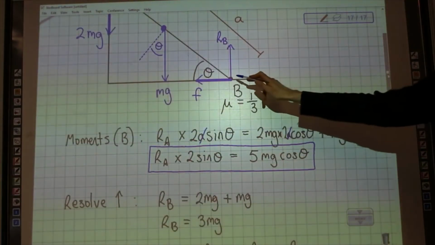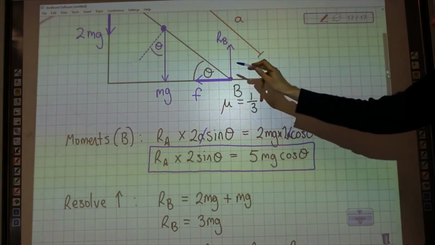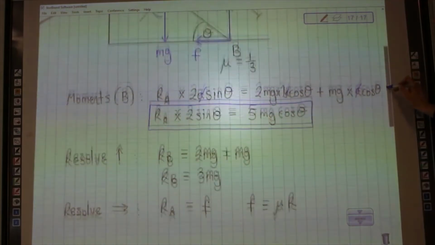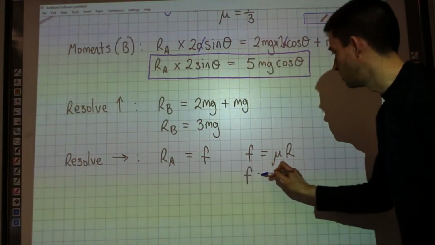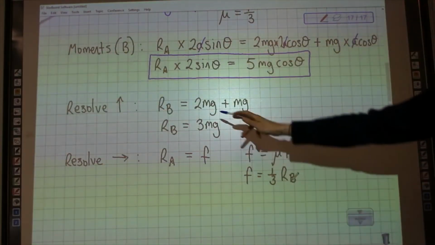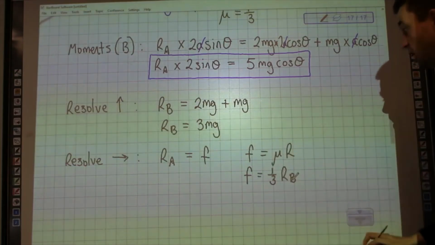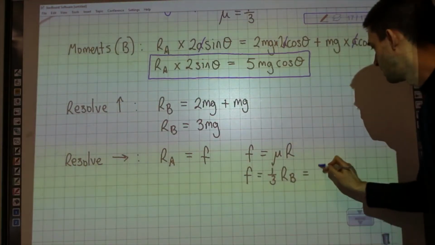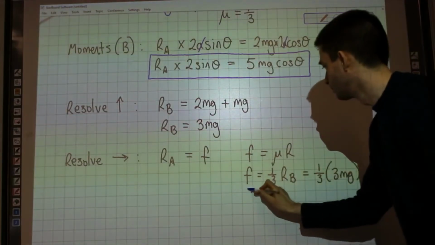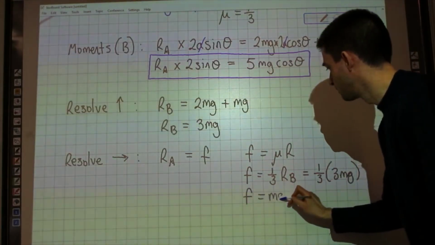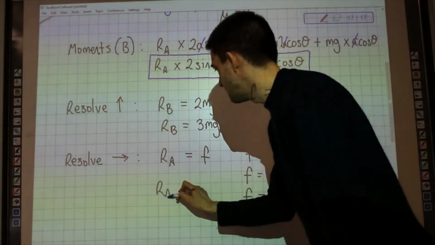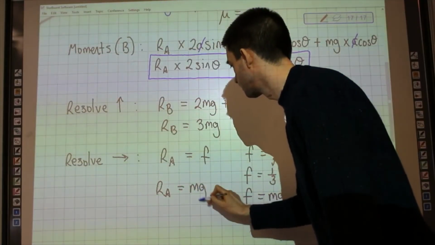Now, because the friction is occurring at the point B, the frictional force is equal to mu times the reaction at B. So I can change this friction to be 1/3 the reaction at B, and I know that the reaction at B is 3mg. So I can say that that is 1/3 of 3mg, which means that friction is mg, 1mg. So the reaction at A then is mg.